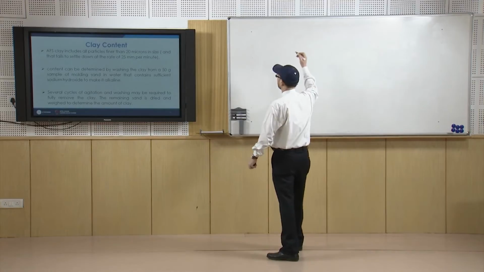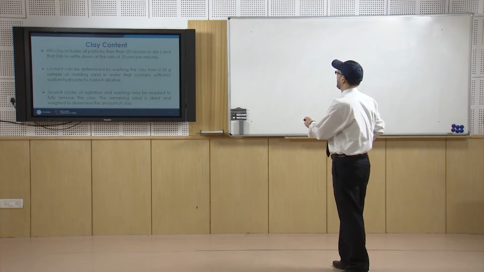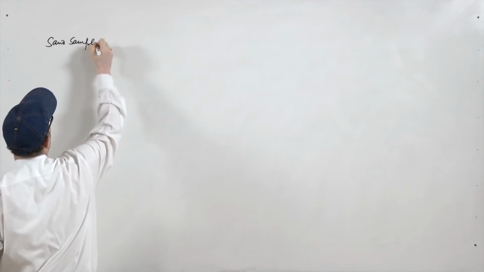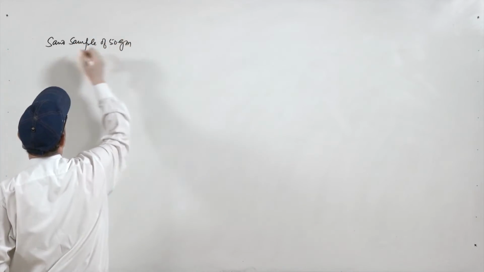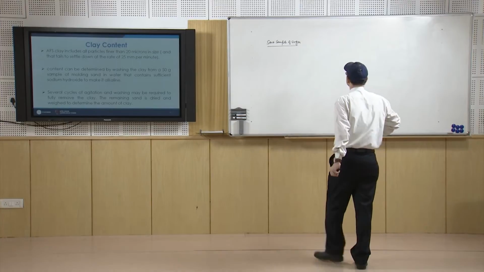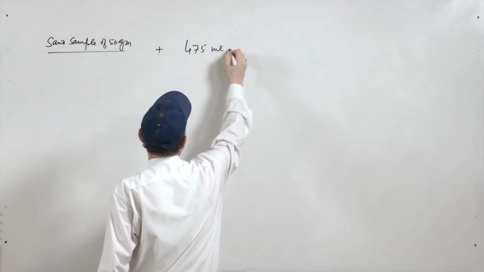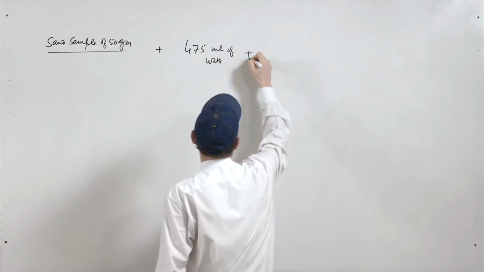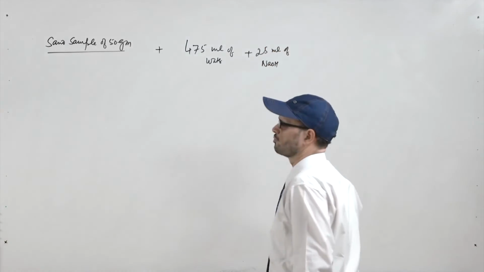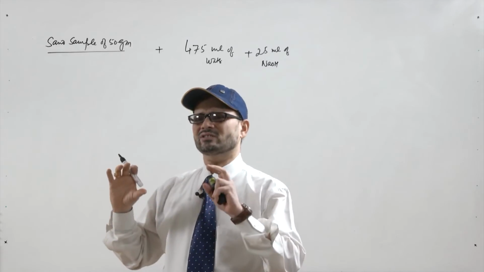In that test, what we do is, we take the sand sample of 50 gram. Basically it is dried, and then 475 ml of water plus 25 ml of NaOH solution is prepared, and this is kept in a jar.